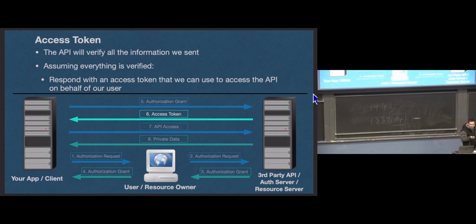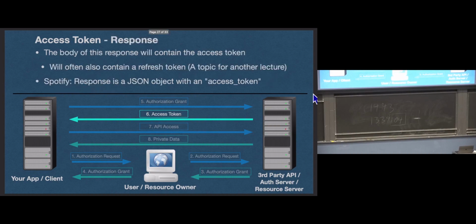But if everything checks out, you're going to get your access token. And the format can vary again. For some reason, Spotify uses URL encoding when you're sending this request, but it's using JSON in its response. So it's going to return a JSON string representing a JSON object with a key for access token.